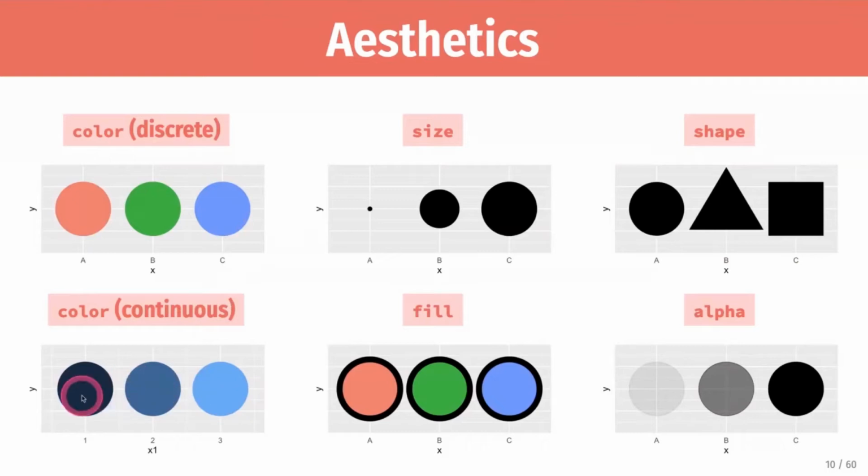Because here, this might be population, so it's going to get smaller and then bigger. And so you want one color that shows that change as you move that variable up and down. So those are the different aesthetics you have to work with here: size, shape, fill, alpha, and color. Once you get into the animation world, time is one of these, but it works slightly differently, as we'll see later today.